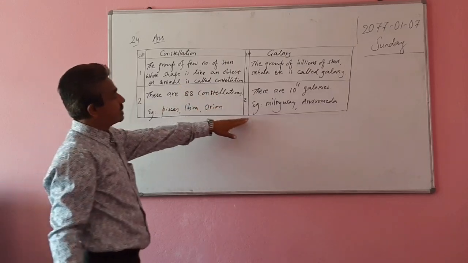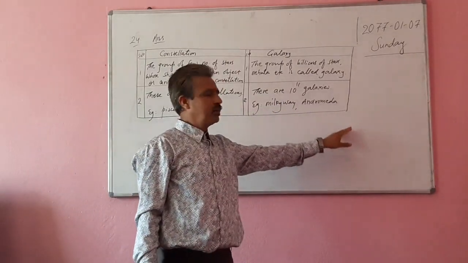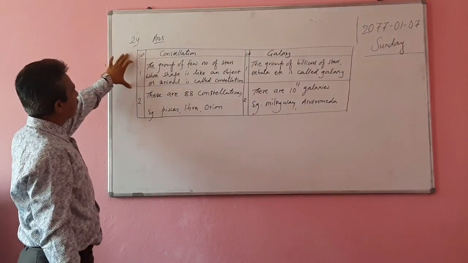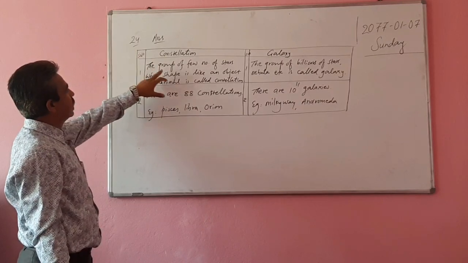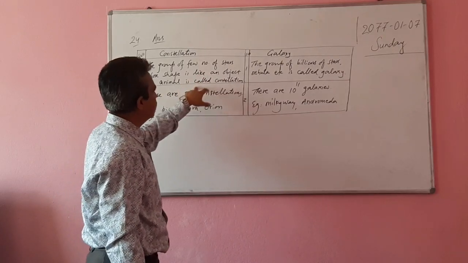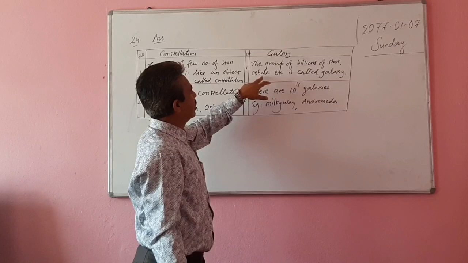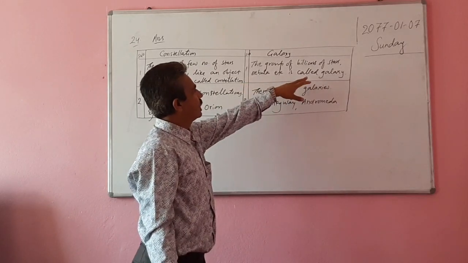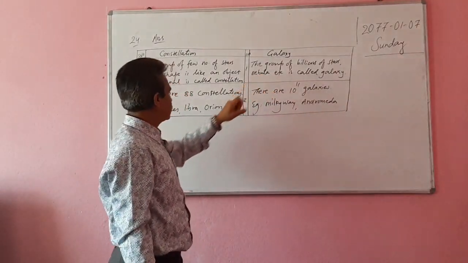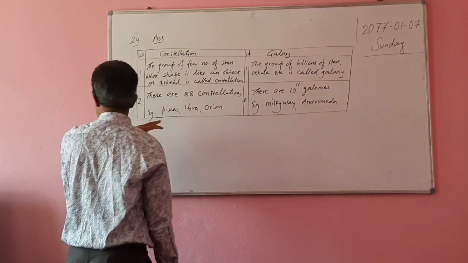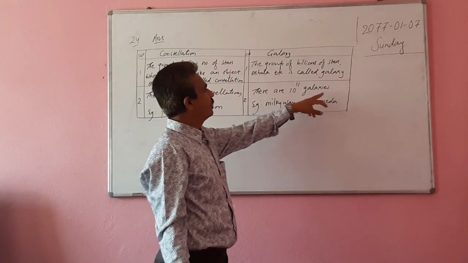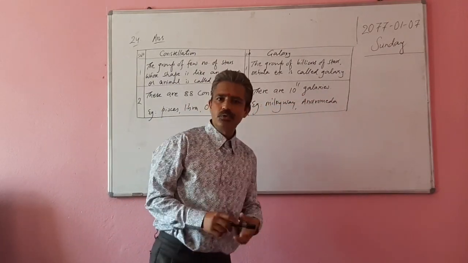And you know the types of galaxies are spiral galaxy, irregular galaxy, elliptical galaxy. So these are the differences between constellation and galaxy. A group of a few stars whose shape is like an object or animal is a constellation. The group of billions of stars, nebula, etc. is called a galaxy. Nebula is a huge gaseous cloud, not of water vapor. There are 88 constellations. Example: Pisces, Libra, Orion. There are 10 to the power 11 galaxies. Example: Milky Way and Andromeda.